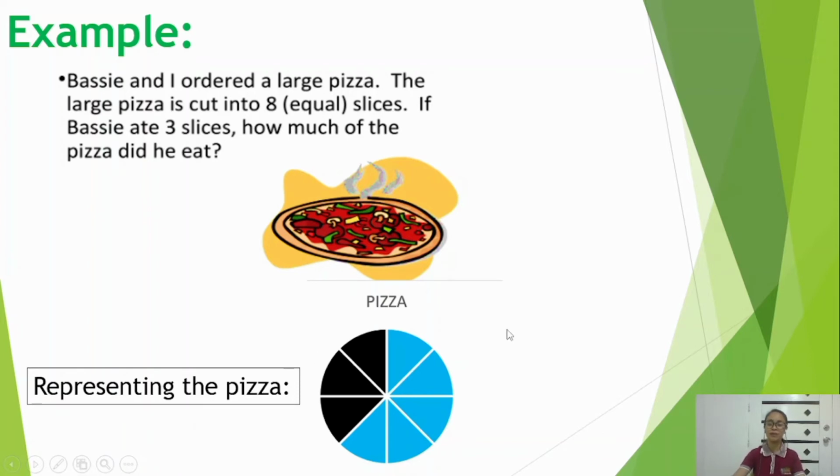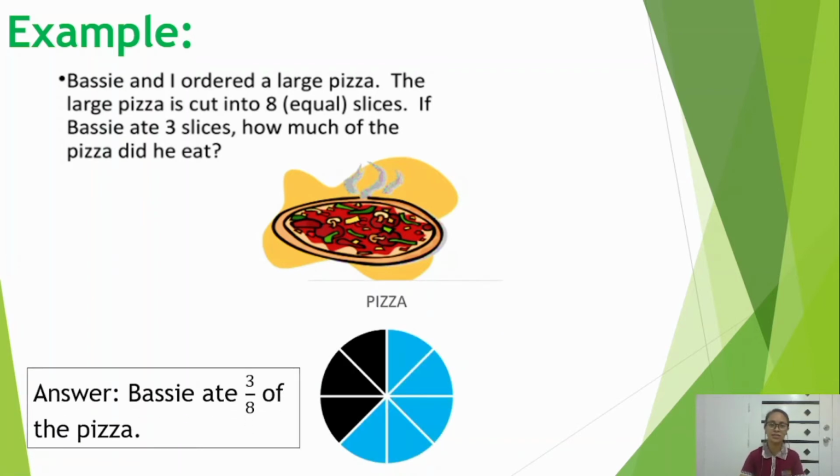So, how much of the pizza did he eat? What is our answer? Yes, Basi ate 3 over 8. 3 out of 8 slices. 3/8 of the pizza. So, ito yung kinain niyang part. So, ako meron pa naman akong natitira, mas maraming part.